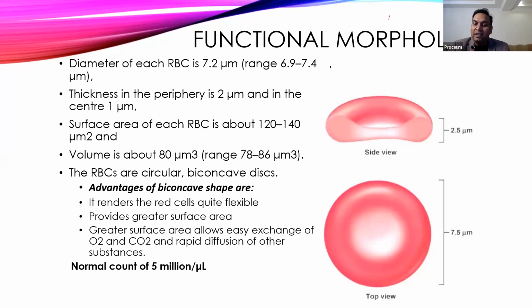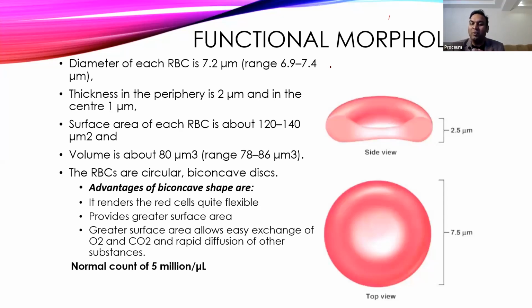Because of the high surface area, the stretch on the cell membrane is reduced, since they have a large cell membrane for a given volume. So whatever way the shape changes, there is no additional requirement of surface area. Suppose the RBC had an oval or circular shape; a circular shape has the maximum volume for a given surface area.